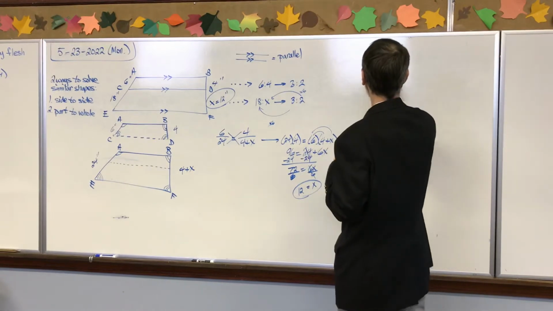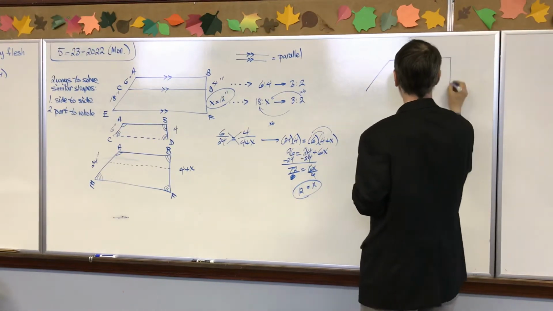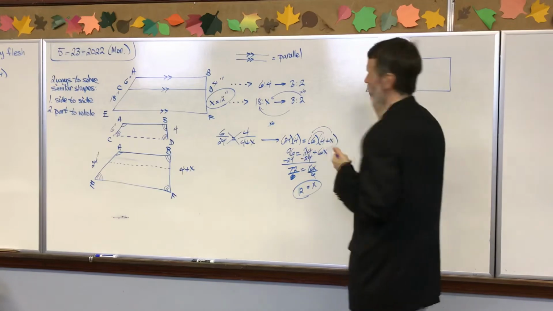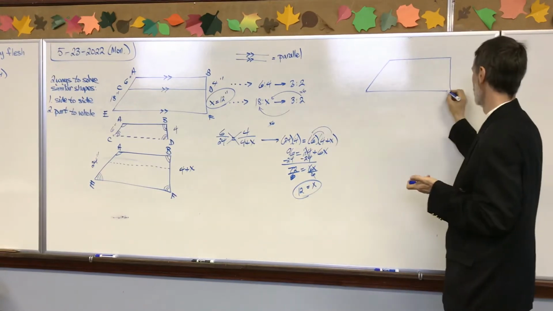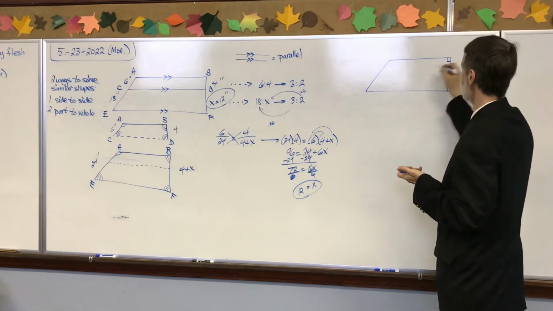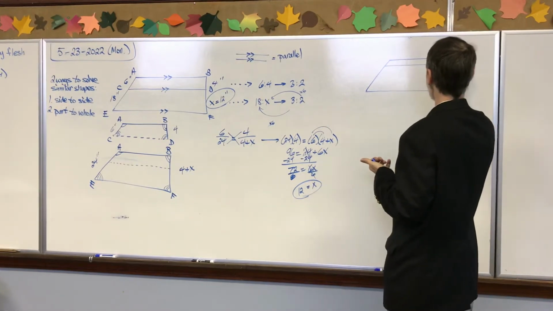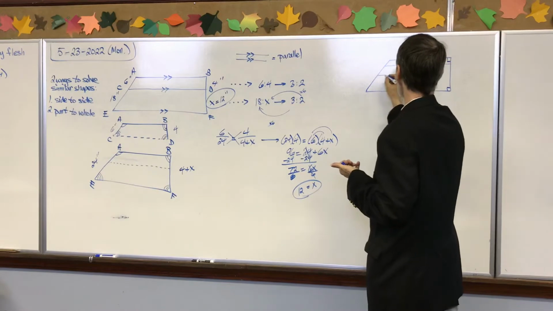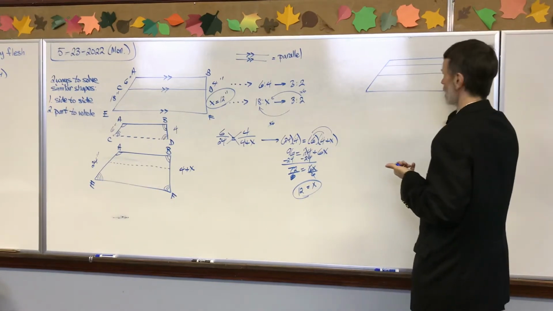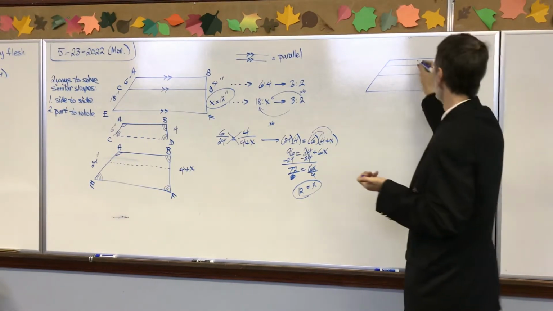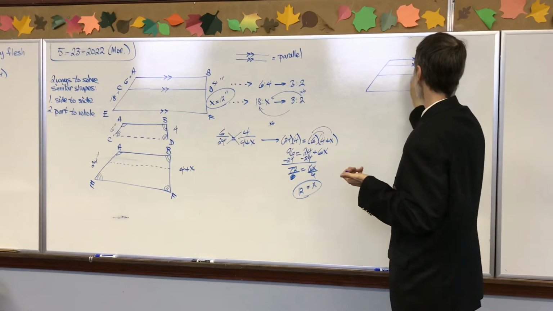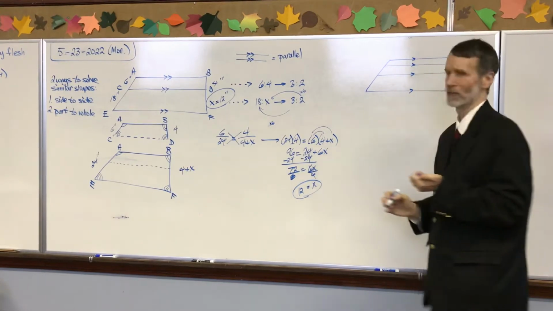Let's try this. Draw a new shape like this. This time I actually will mark these as 90 degree angles. These are not, obviously. Give me a thin layer on top, a not quite so thin layer next, and then leave it like that. And mark these all with a single arrow so that they're all parallel.